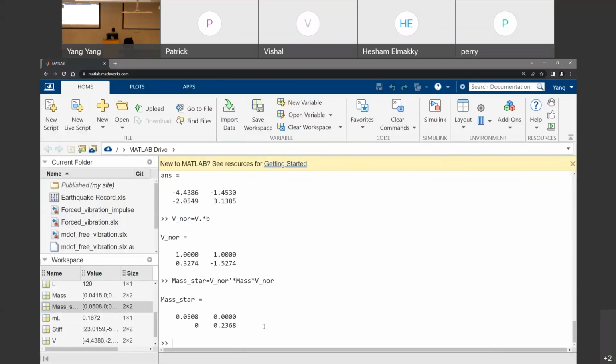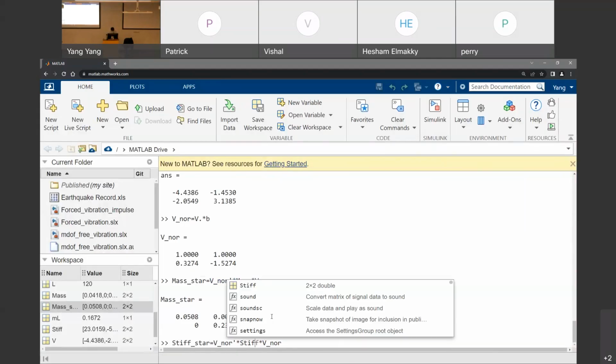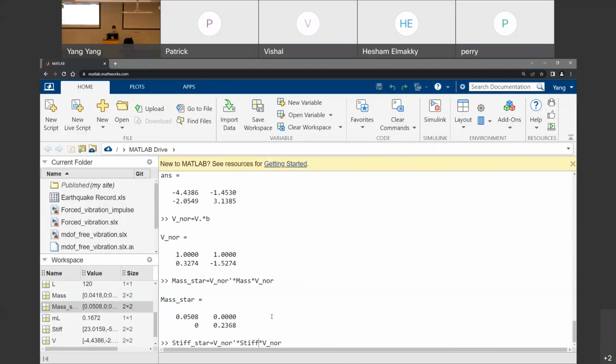So now we calculate the stiffness star to be equal to, in MATLAB, because I can just copy paste. Change this to D. That also is prime, right?